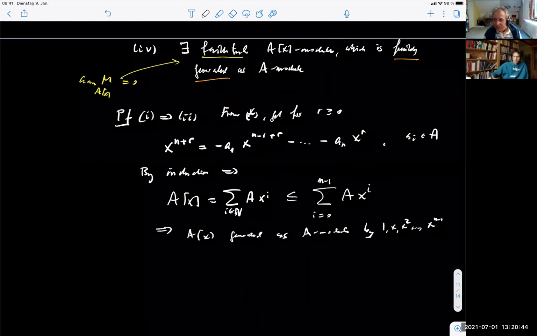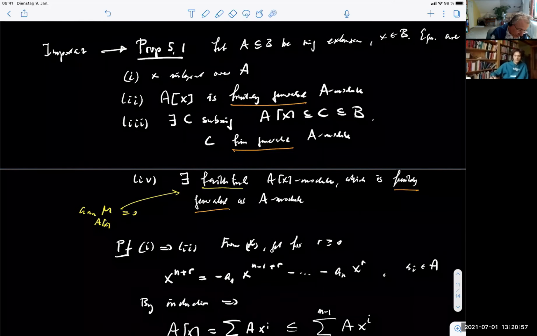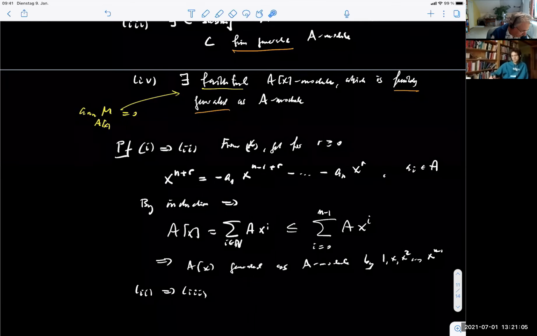Not more. Okay, so 2 to 3. Well, there's not much to do. For C, you just take A[x], and then you're done.